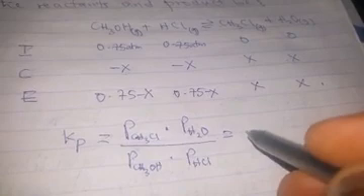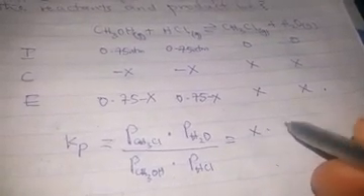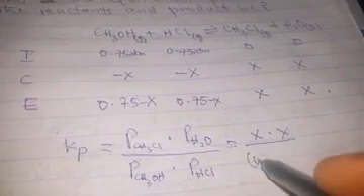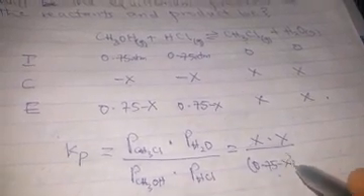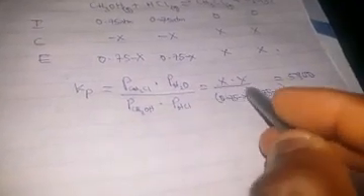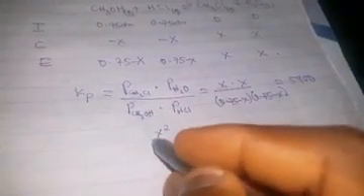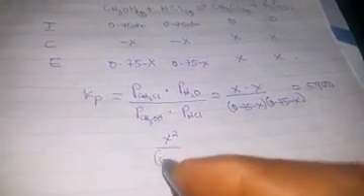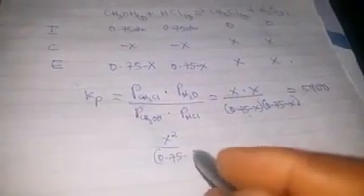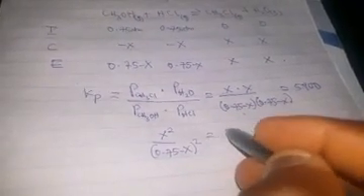According to our equilibrium pressures, we get X multiplied by X divided by 0.75 minus X times 0.75 minus X, and we are given that the Kp for the reaction is 5,900, or 5.9 times 10 to the power 3. X times X gives us X squared, divided by 0.75 minus X all squared, equal to 5,900.